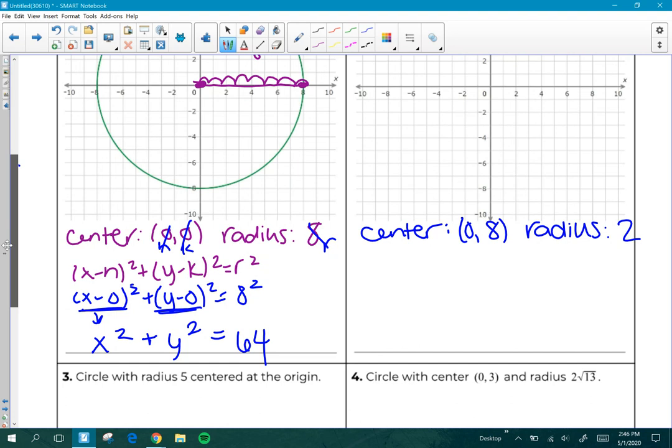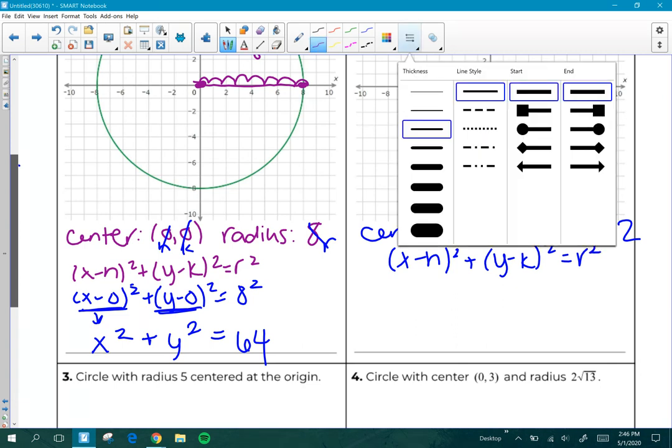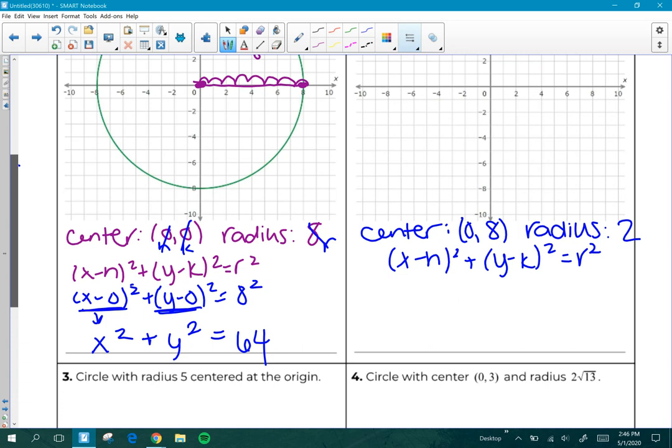Now I want to take that information and plug it into my standard form. So I have (x - h)^2 + (y - k)^2 = r^2. I like to label everything just so that I know I'm plugging it in the right spot. So again, I know that this guy is h, this guy is k, this guy is r.